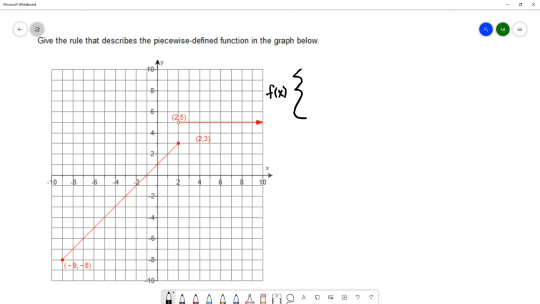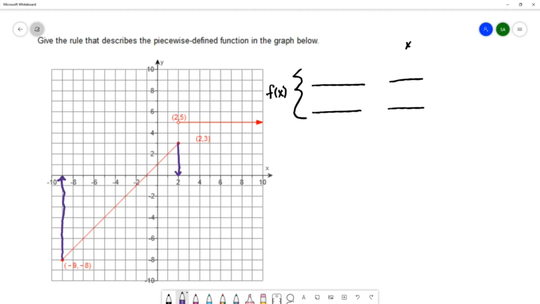So I know that because there are two pieces, there'll be two equations, and then there'll be conditions that go on those equations. So I like to start by finding the conditions first, and the conditions are going to involve the x's. So what I want to pay attention to is the x for which this line starts and the x where it ends.